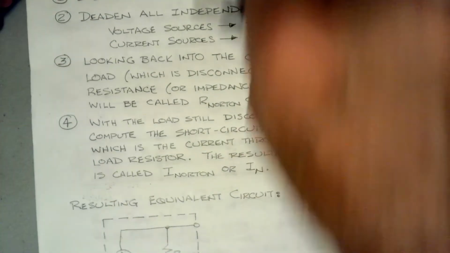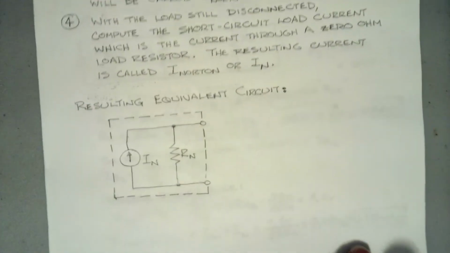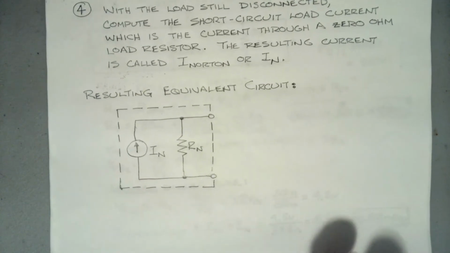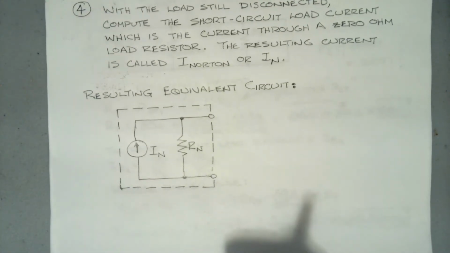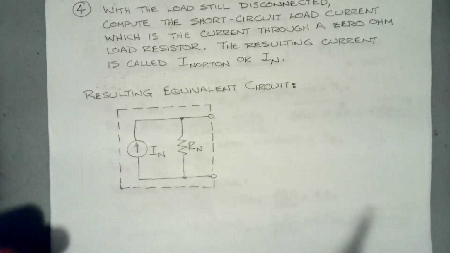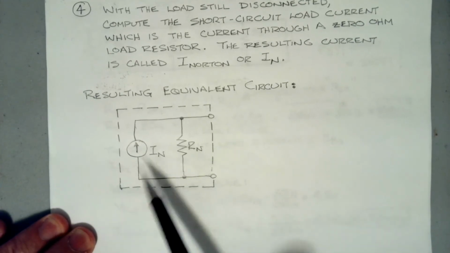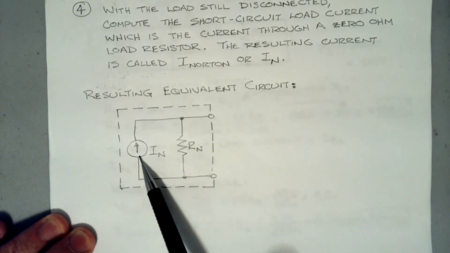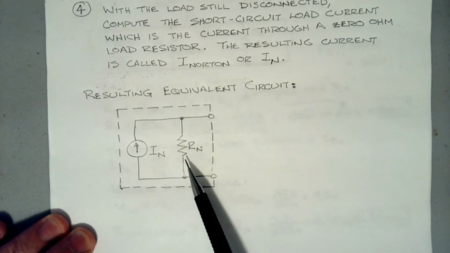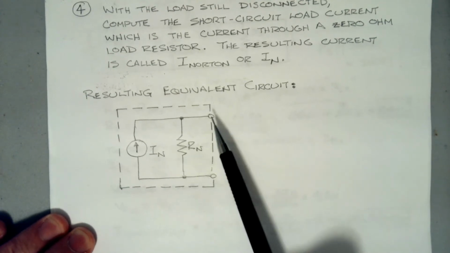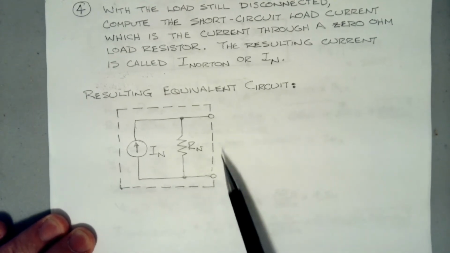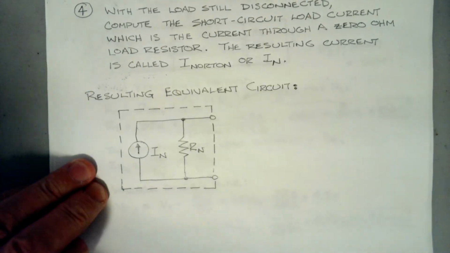The resulting equivalent circuit, instead of a voltage source in series with a resistance or impedance, is a current source in parallel with a resistance or impedance. And here are our terminals, which will go out to our load.